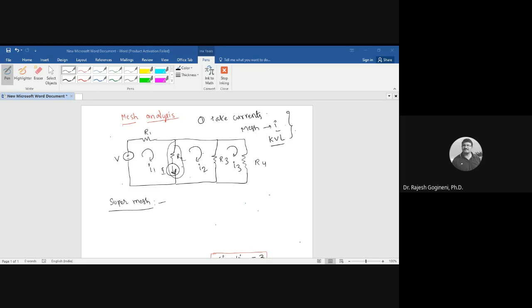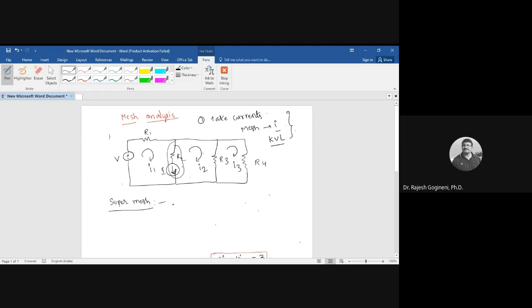Super mesh is used whenever a current source is present. We take the two meshes together, where the boundary contains that current source, as the super mesh.